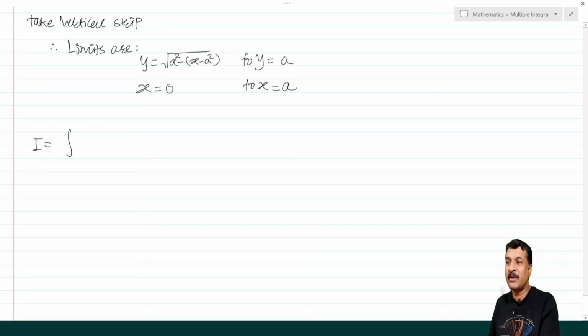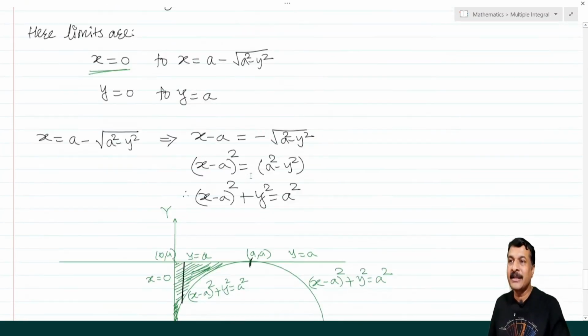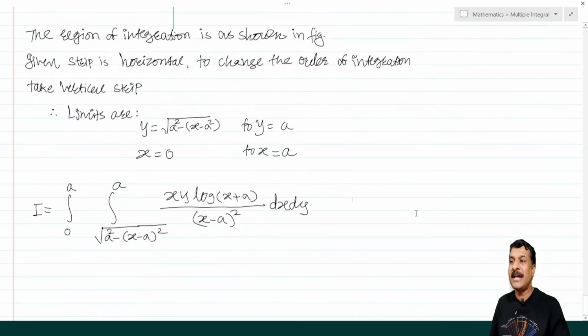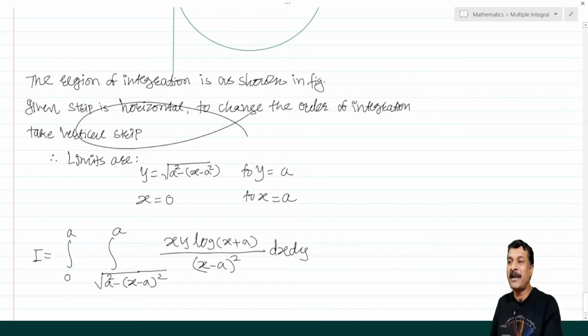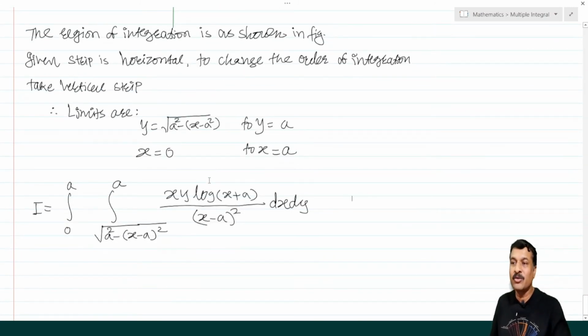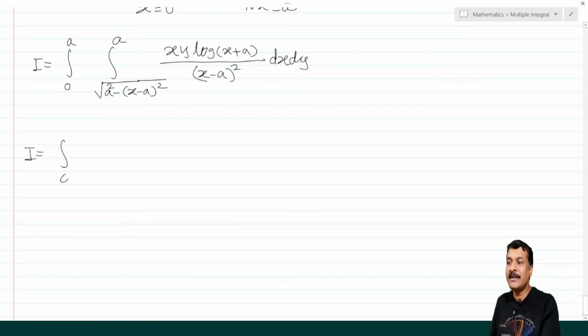So I equals the integration from 0 to a, with the inner integration from under root of a square minus (x minus a) whole square to a. And what about the integrand? Integrand is here. Note that in the exam you need not write this part; you can directly consider it. But here, for understanding, I am going to write it. So the inner integral contains y, which means integrate with respect to y.